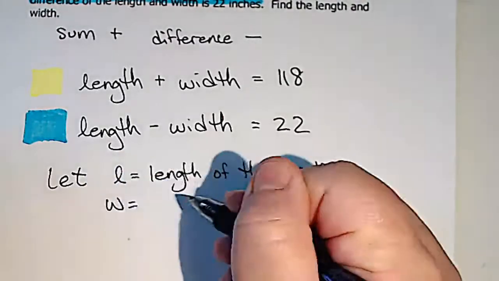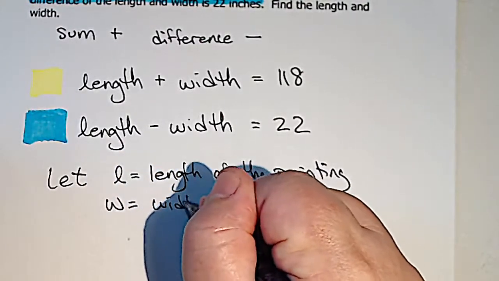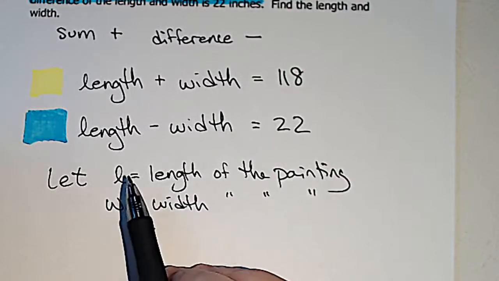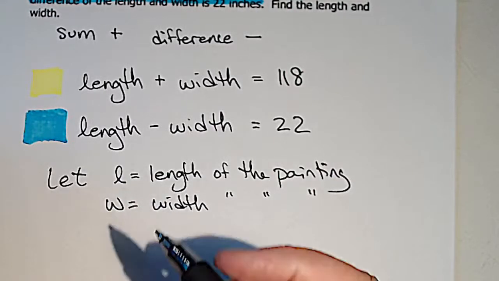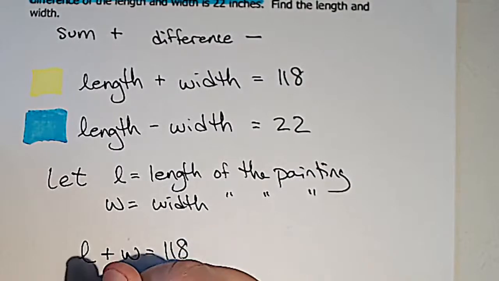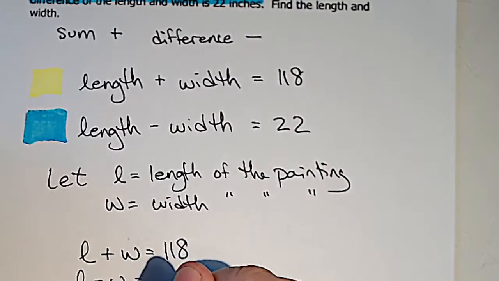And I'm going to have W be the width of the painting. I'm using ditto marks so I don't have to write the whole thing out. So if I make this translation to L and W, then I get L plus W equals 118. L minus W equals 22.